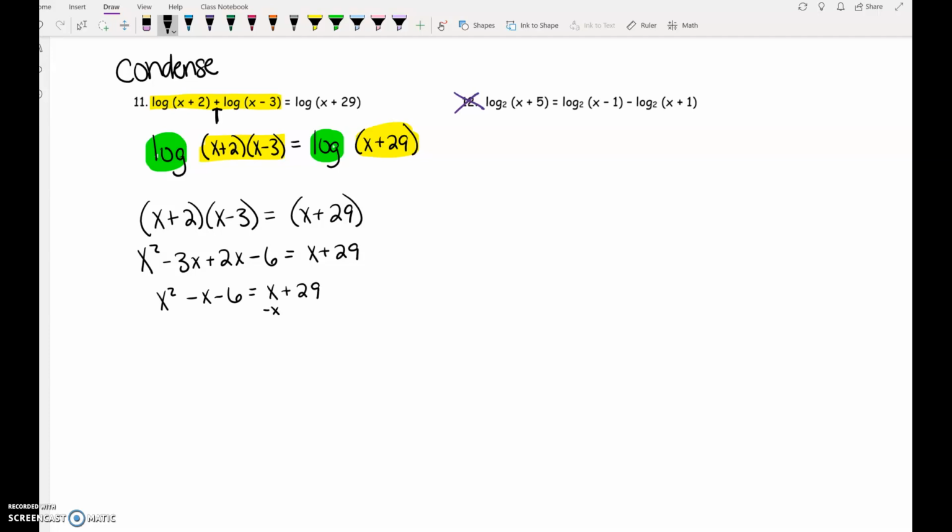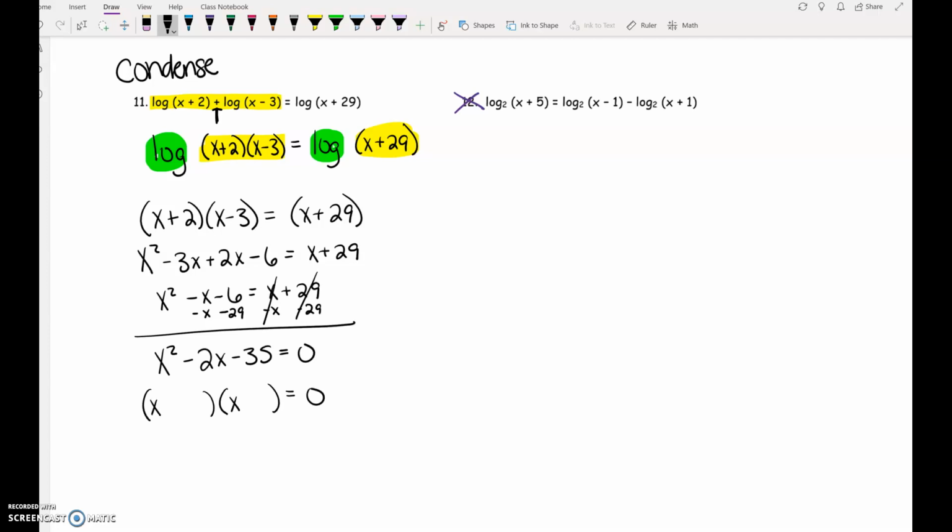And then we would have to get 0 on one side so that we could factor and solve. So that would be x squared minus 2x minus 35. 35, I believe that would be 5 and 7. To get -2, the 7 would need to be negative. So our solutions are -5 and +7.